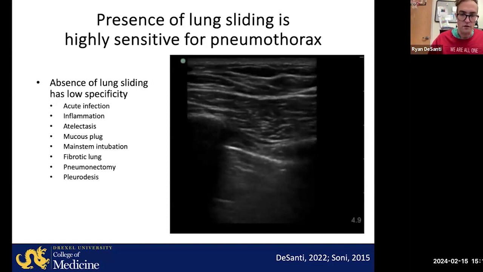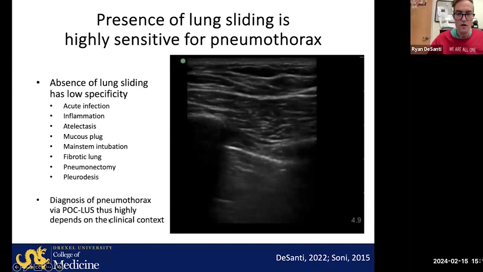If patients have lung fibrosis or have had pneumonectomy or pleurodesis, they're not going to have lung sliding on that lung. And so the diagnosis of pneumothorax by lung ultrasound is highly dependent on the clinical context. It can be used to make the diagnosis, especially in an unstable patient, especially if you know they had lung sliding previously, and might help you in narrowing your differential fairly quickly.